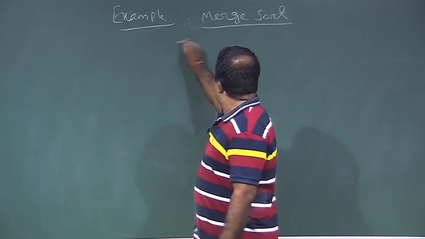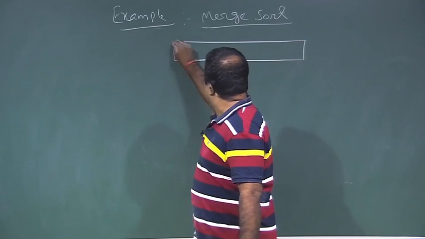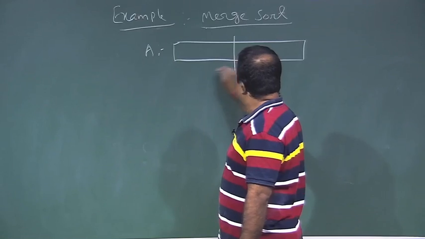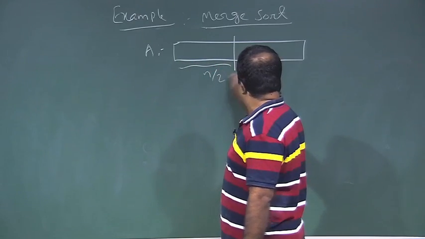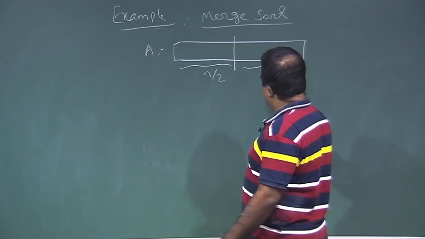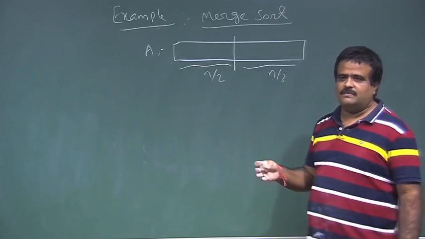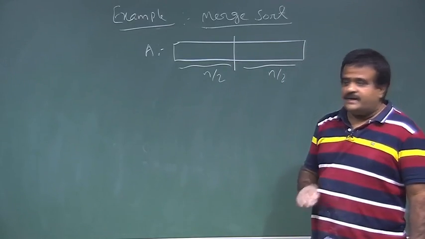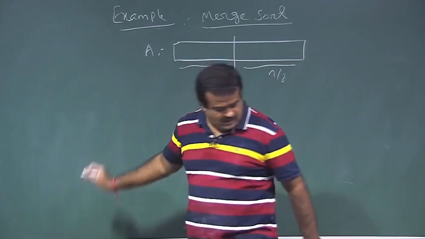In merge sort, we have an array of size n. We are dividing the array into 2 subarrays, n by 2, n by 2 (lower ceiling or upper ceiling, but if n is even, then n by 2, n by 2). So this is the divide step.